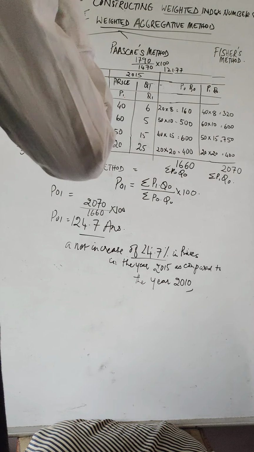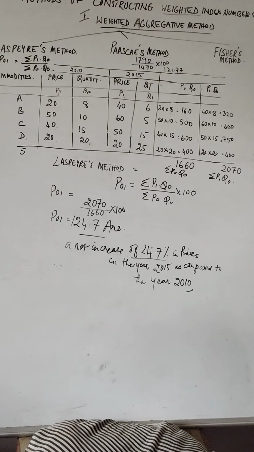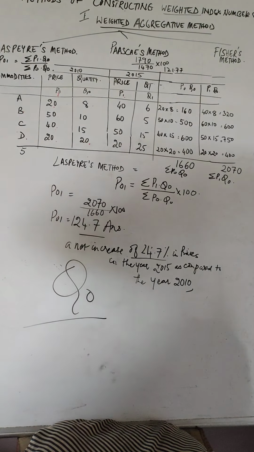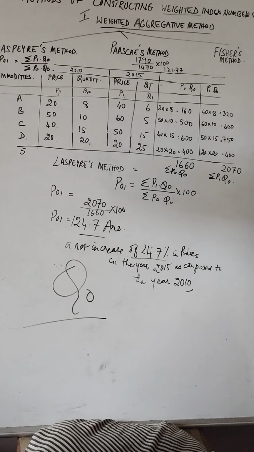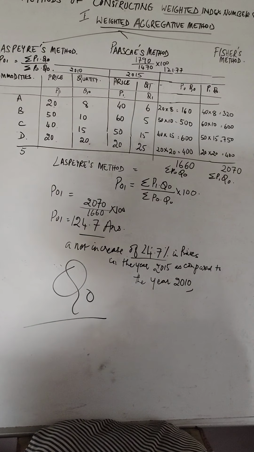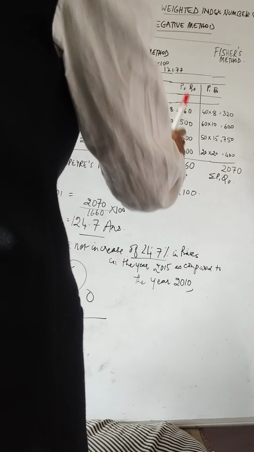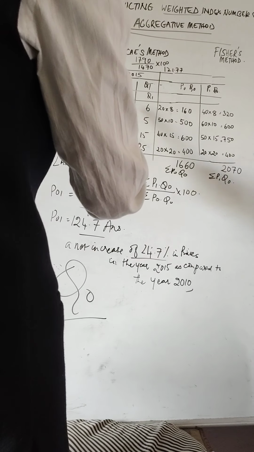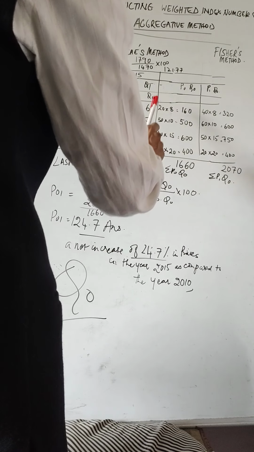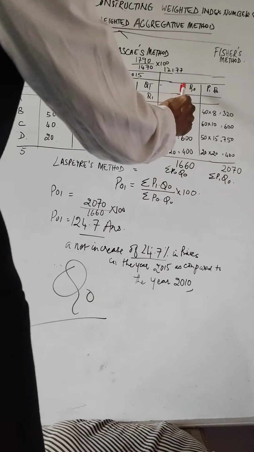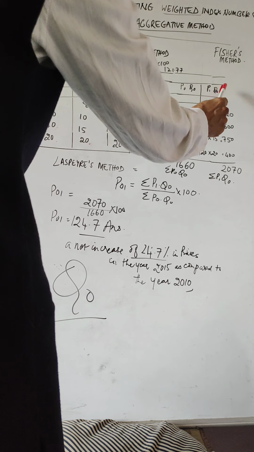Just remember, for weights we take Q0, which is important. In Laspeyre's method, Q0 is important, and in Paasche's method, Q1 will be important. So in the next class, instead of P0 Q0 it will be P0 Q1 and P1 Q1.